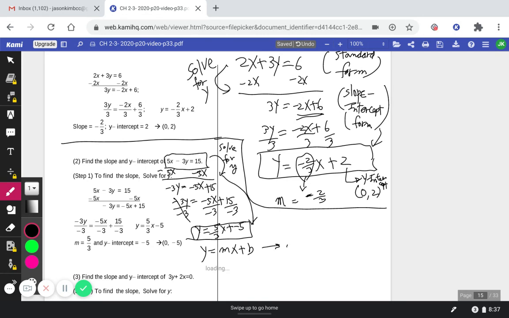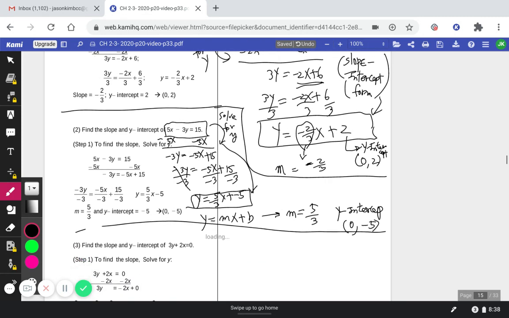So what is m here? The number in front of x, only the number. So 5/3 is the slope, and the y-intercept becomes 0 comma, and the y value, which is -5. Okay, so that's how you do that. Any question on this?